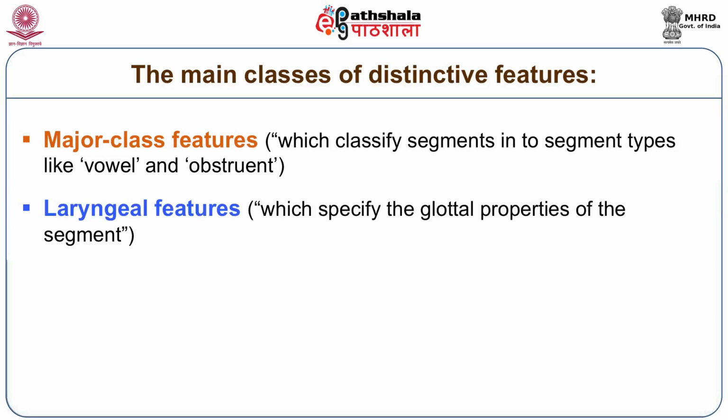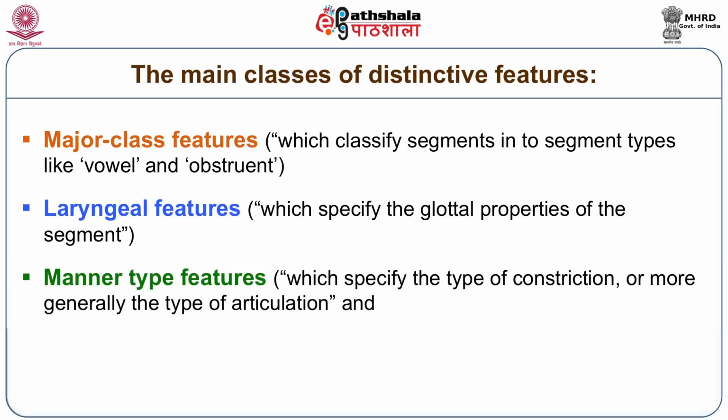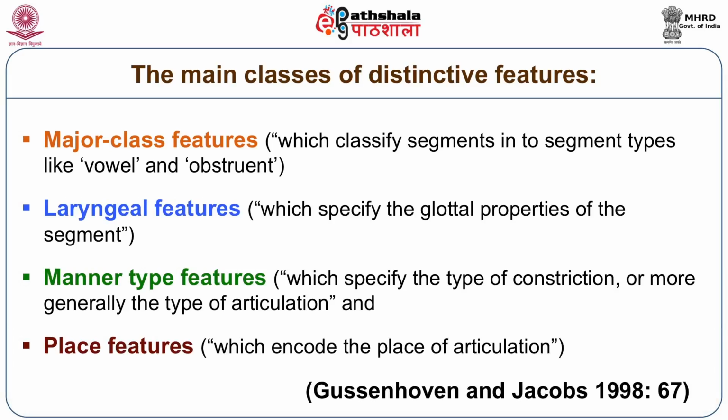The laryngeal type features give us the different types of sounds distinguished by the larynx, such as voiced, voiceless, aspirated, etc. The manner type features give us the different manners of the articulation of sounds, such as plosives, fricatives, etc. And then the place features give us the different places of articulation of vowels and consonant sounds.